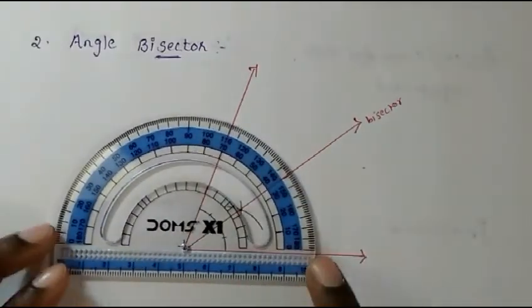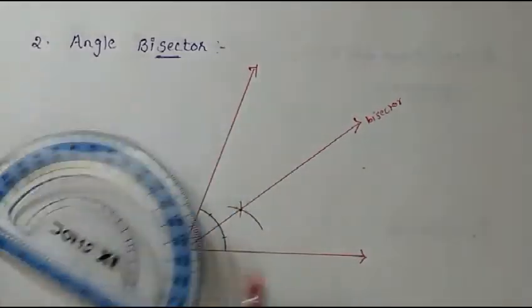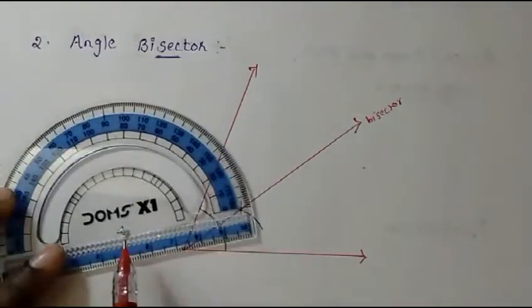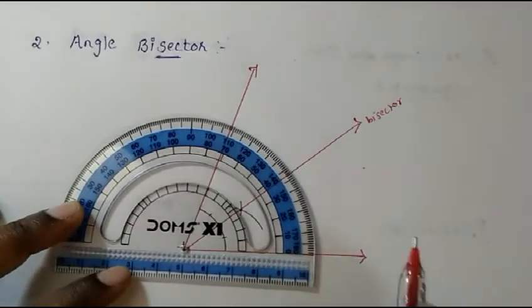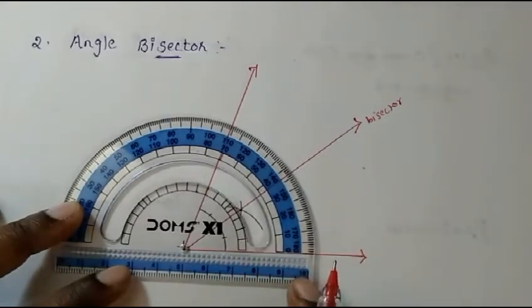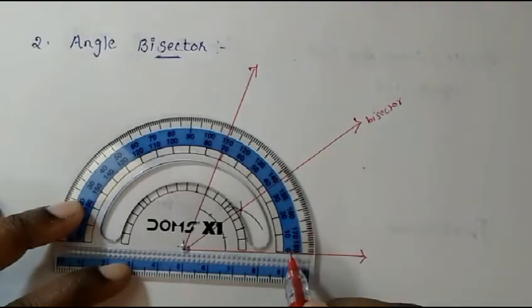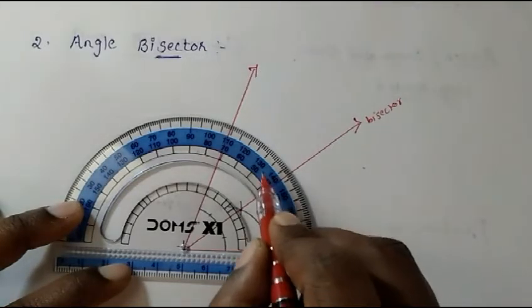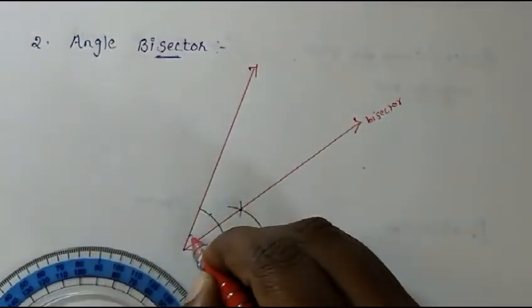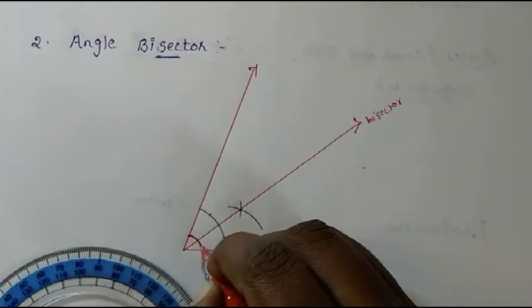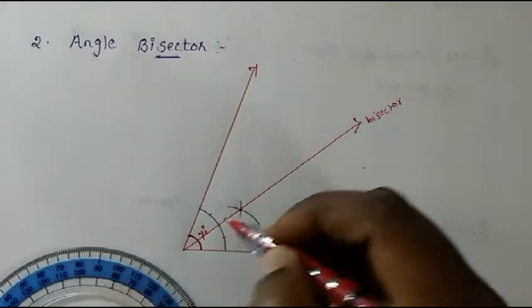Whenever you keep a protractor and check, the center should be at the center. So you keep it at the center and see this line falling on this first line correctly. Then you see from 0 up to 70. So the whole angle is 70 degrees.